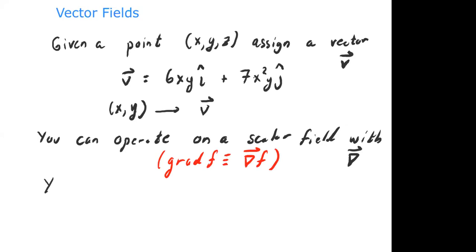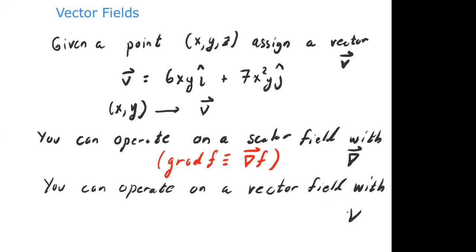Similarly, you can ask the question, what happens if you operate not on a scalar field, but on a vector field with the vector operator del?